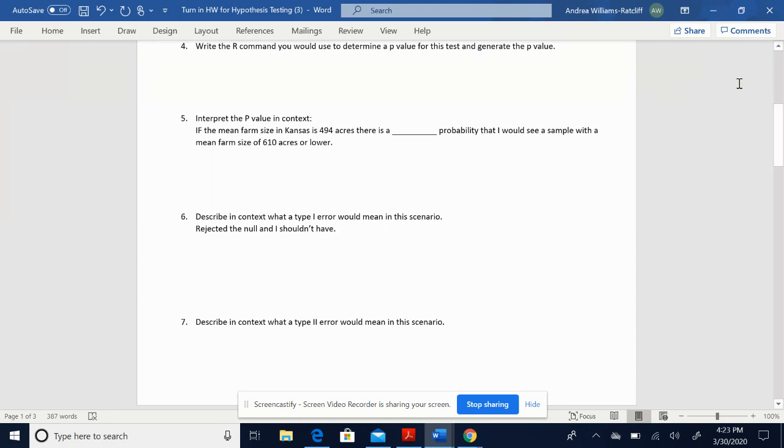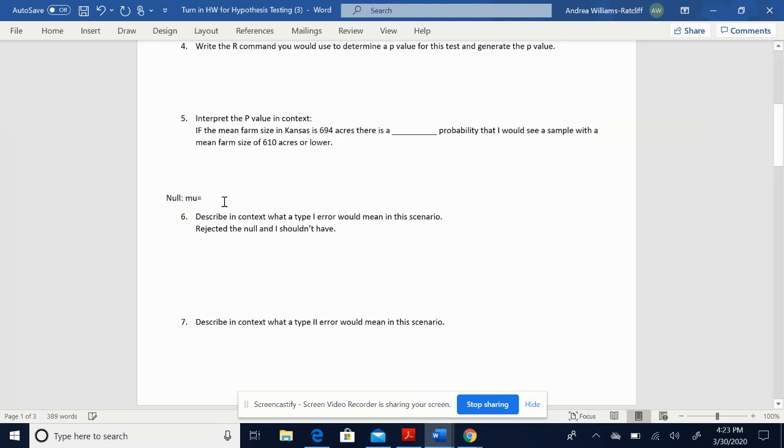If you looked back at the claims, remember our null value was, I'm just going to write this up here so we can remember it. Mu equals 694, right? I typed this wrong here too. It's 694 acres.